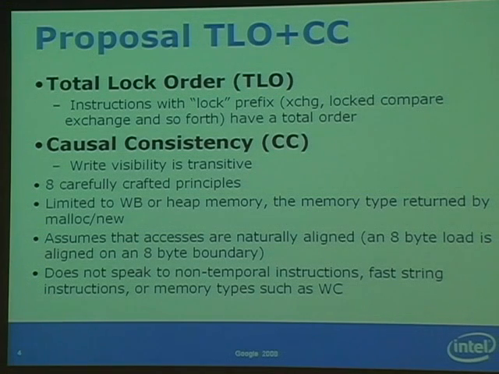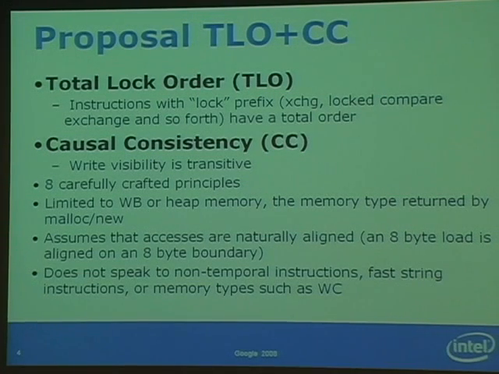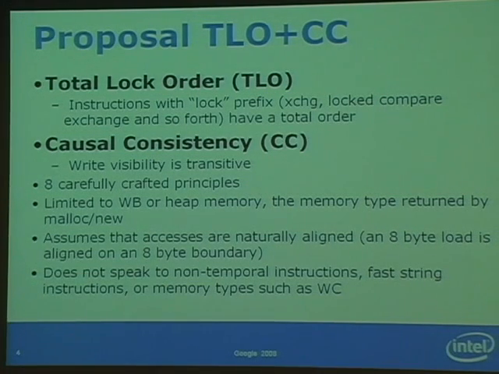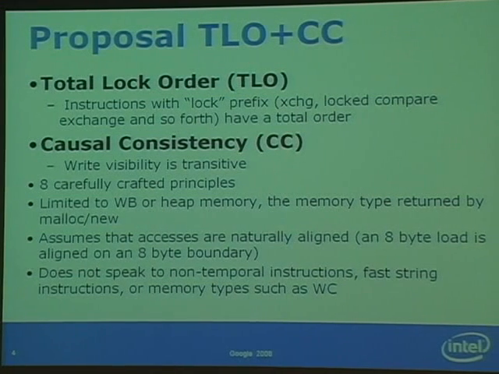So the instructions with a lock prefix, things like an exchange or a lock compare exchange or fetch and add type of instructions, all of those will have a total ordering across all processors. And then we also added something called causal consistency. This basically says that write visibility is transitive. So if I write something and you see it, and you write something and somebody else sees what you write, then they'll also see what I wrote.